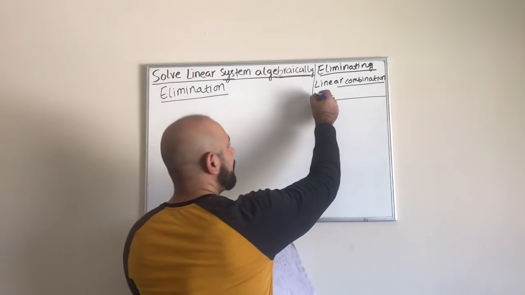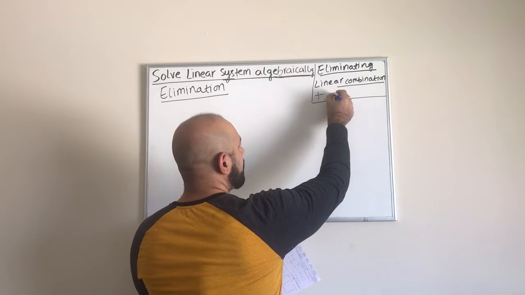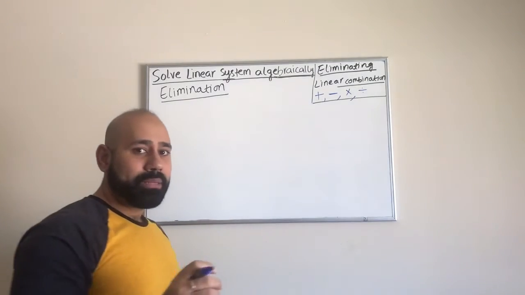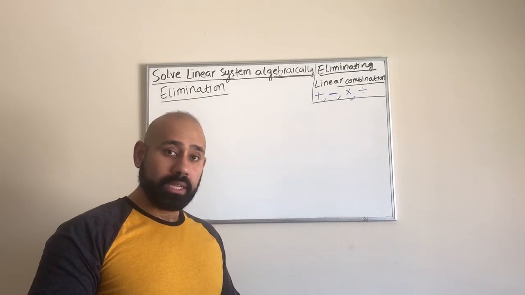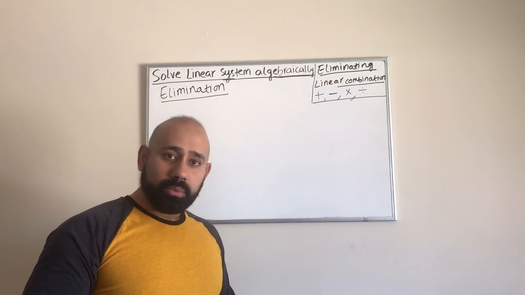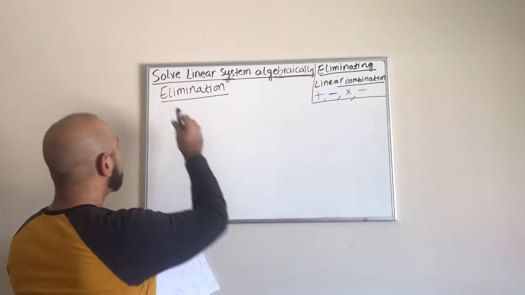So addition plus, subtraction minus, multiplying, and division. So these are the 4 basic mathematical operations and they would be critical for this method. Okay, so without wasting any time, let us start with type 1, the first example.